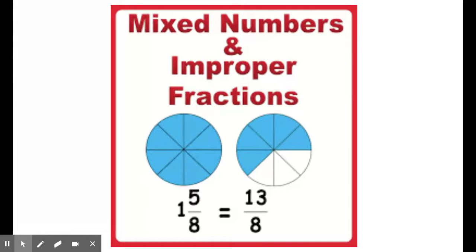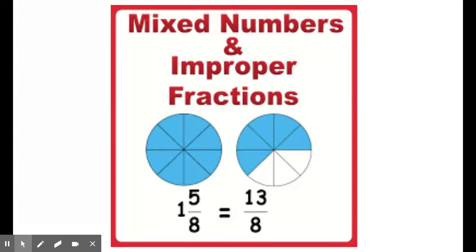Okay, so we use mixed numbers and improper fractions when it is more than 1. So proper fractions are between 0 and 1. Mixed numbers and improper fractions are more than 1. So you can see in this picture, there is a whole colored in. All 8 parts are colored in the first circle, and then 5 out of 8 in the second circle.